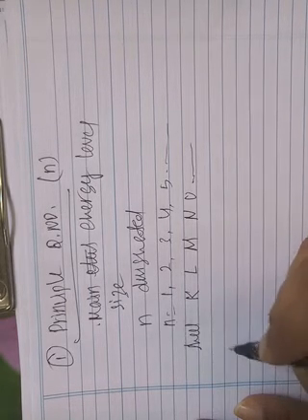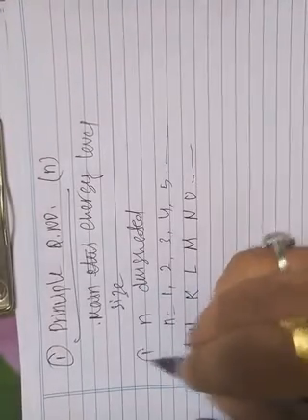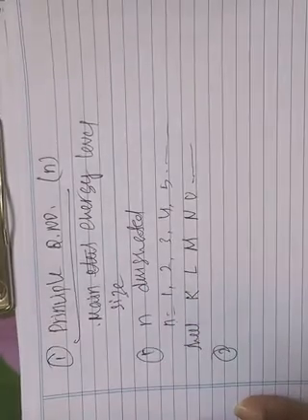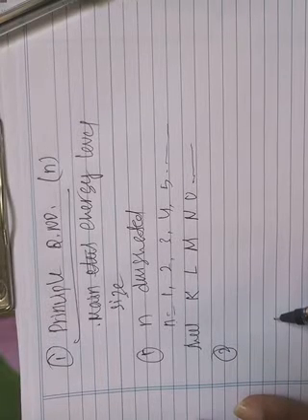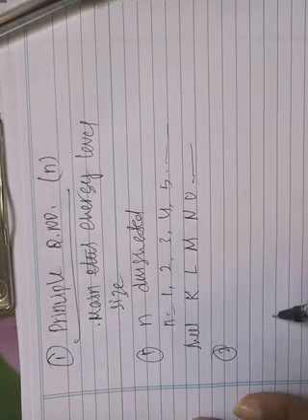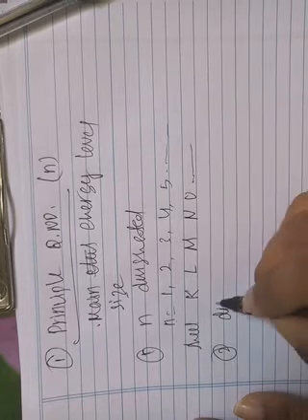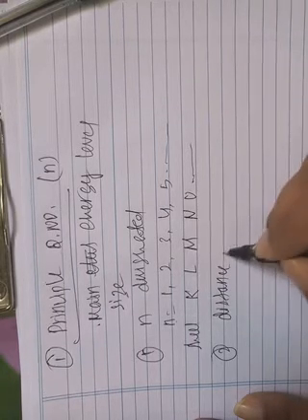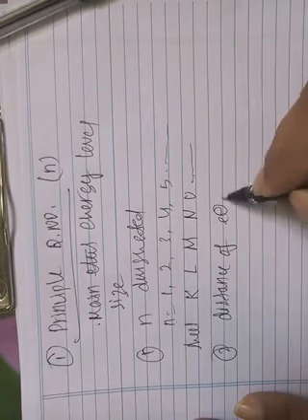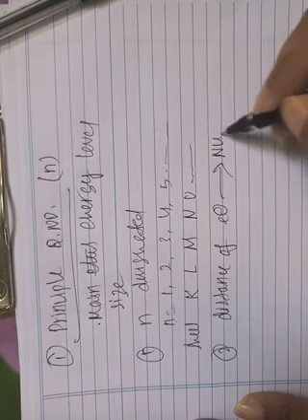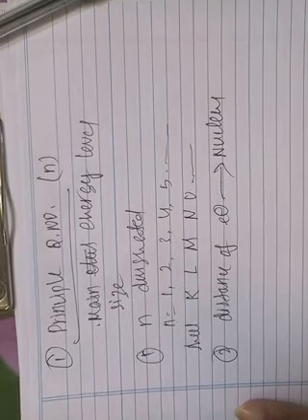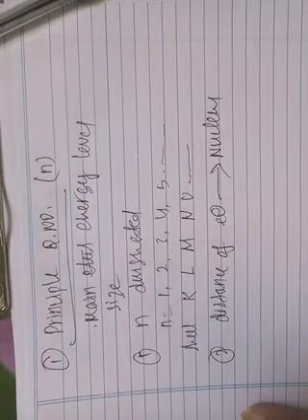The next information you can obtain from the principal quantum number n is that it determines the distance of the electron from the nucleus. The more the value of n, the farther the electron is from the nucleus.